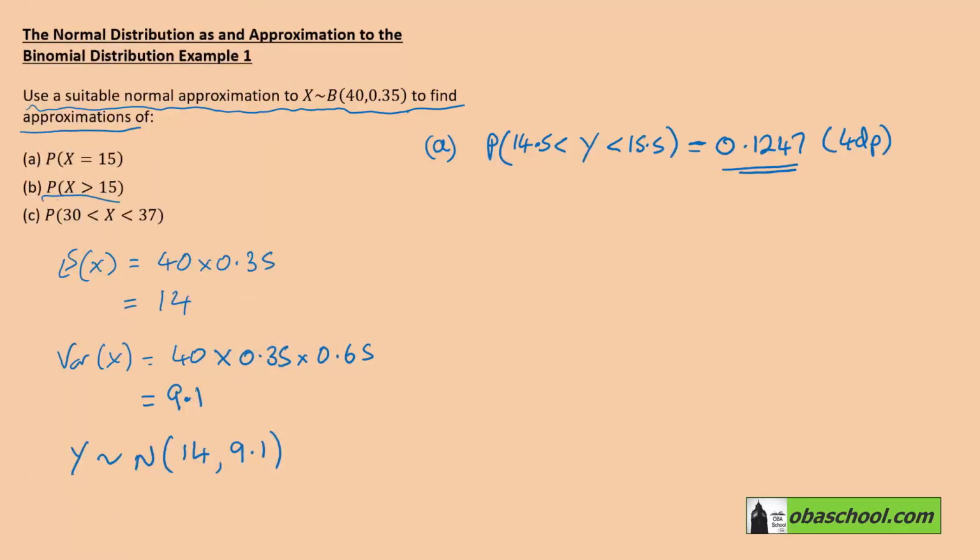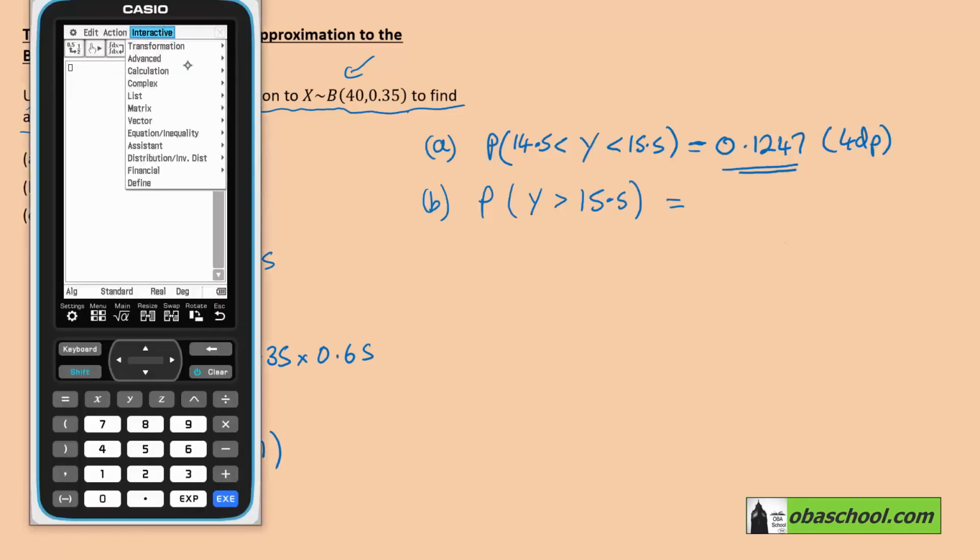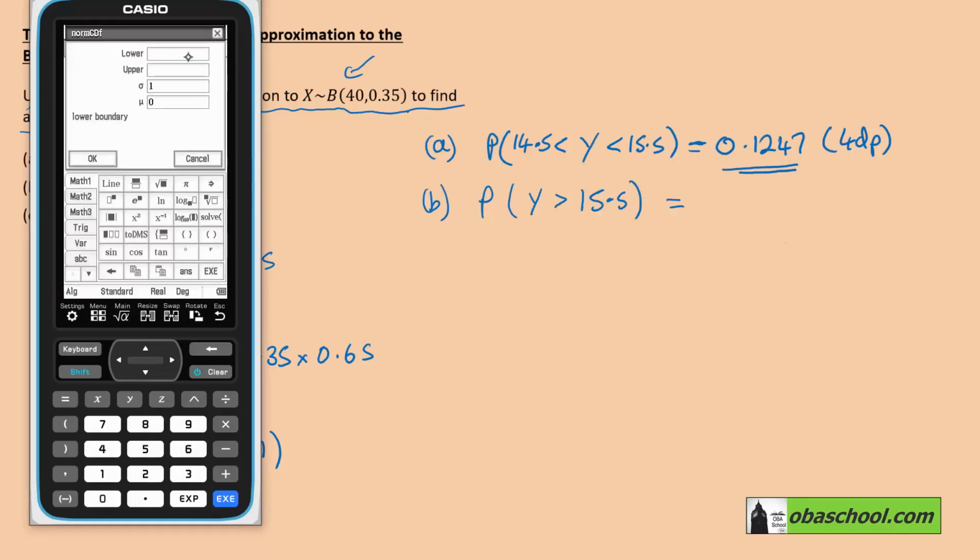Okay, the next one is just x is greater than 15. And remember, because the binomial is discrete, that's the same as x is greater than or equal to 16. So when we apply the continuity correction here, we need to go for y being greater than 15.5. So we'll go to the app, and I put in here 15.5.